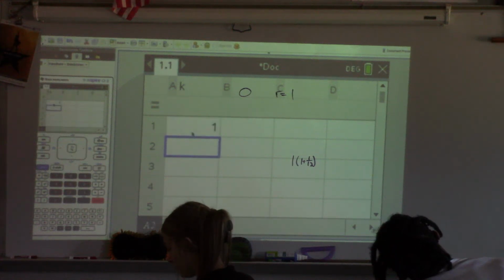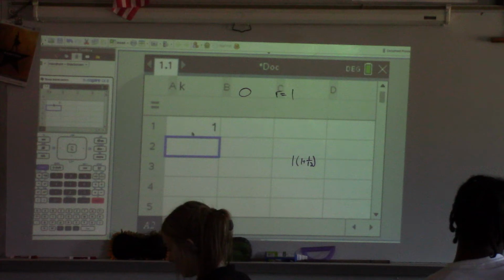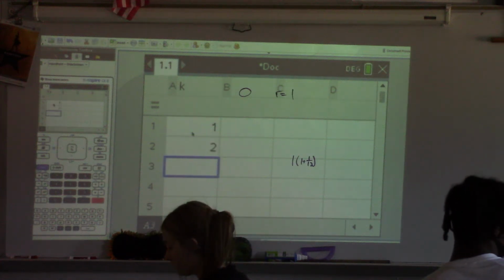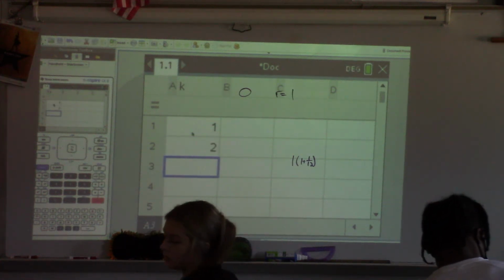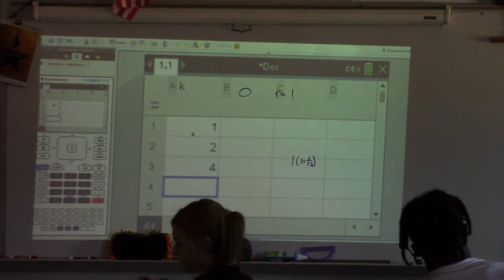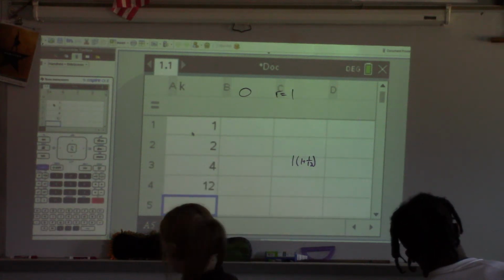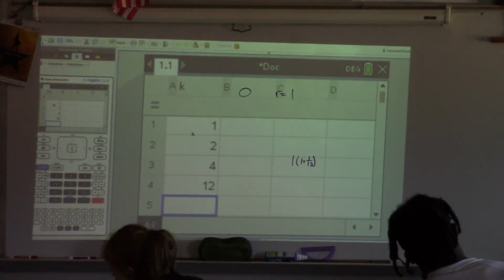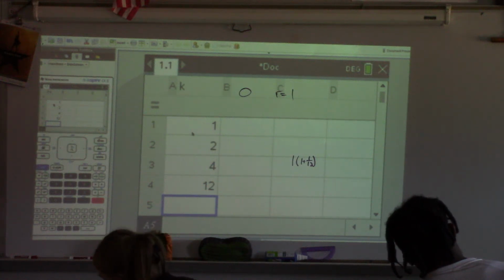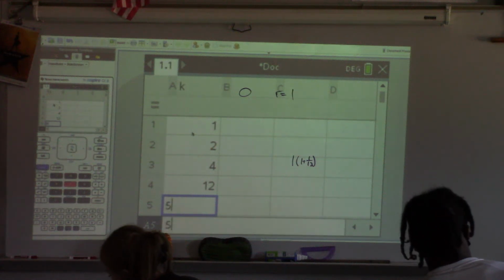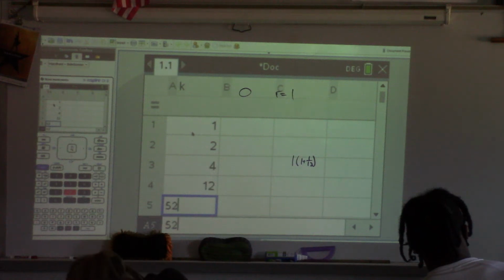The next one, 2, was semi-annually, and then it was quarterly, 4, monthly, 12. What's the next one? Weekly, how many weeks are there? 52. There are 52 weeks in a year.